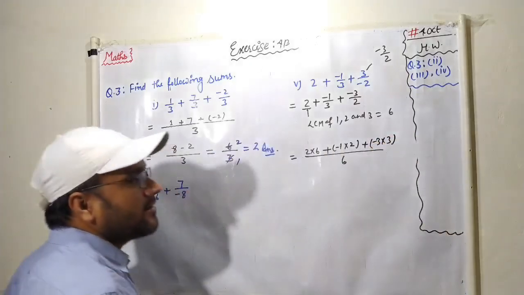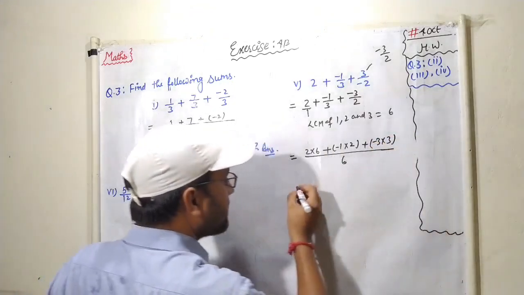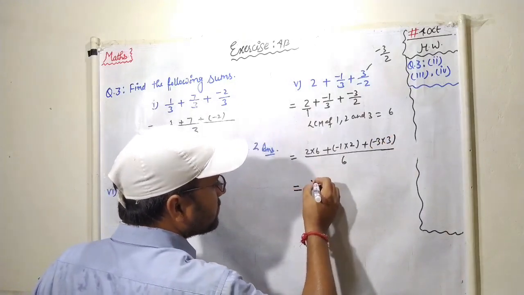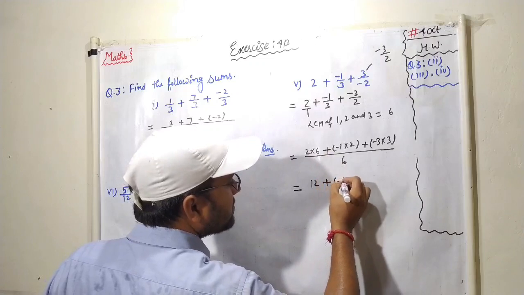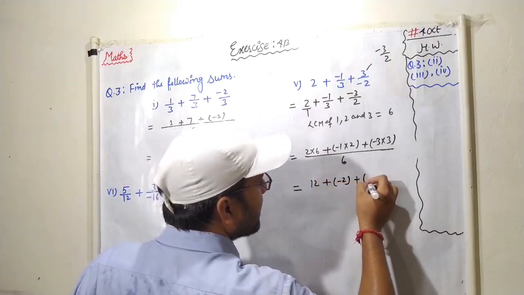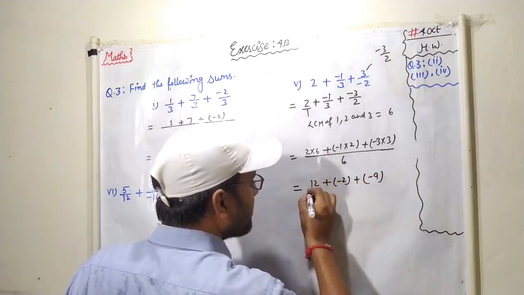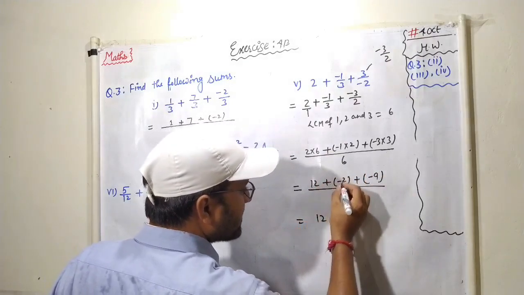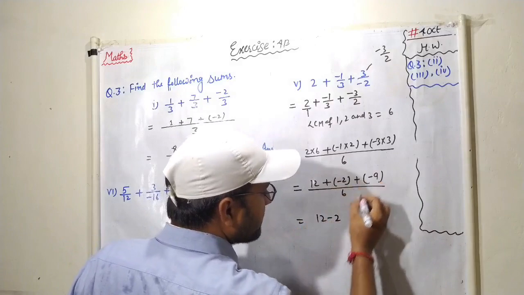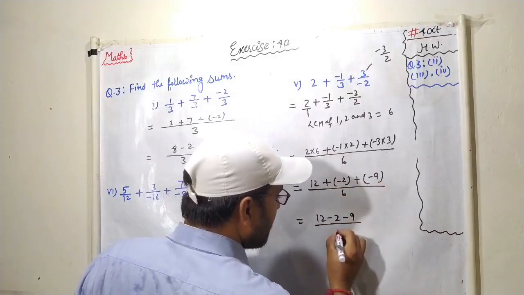In the next step, 6 twos are 12, plus in bracket minus 2, plus in bracket minus 9. One more step you can do: 12 plus minus 2 plus minus 9 upon 6.